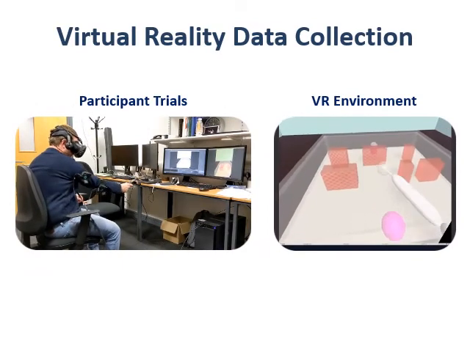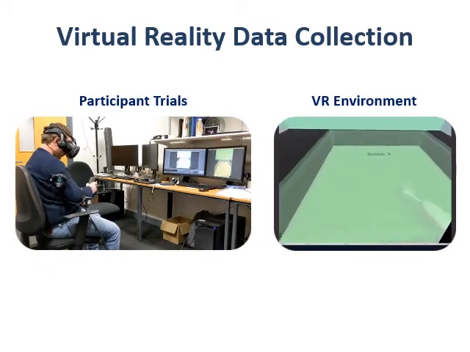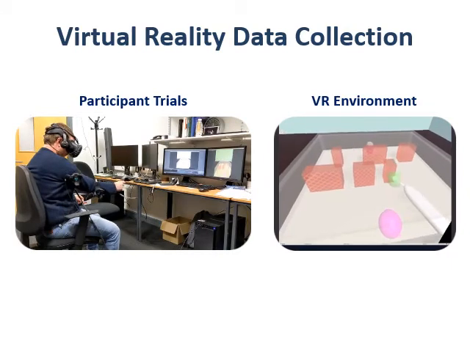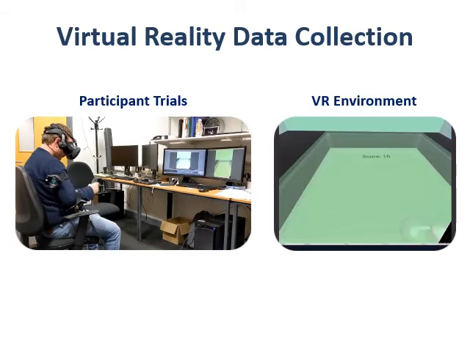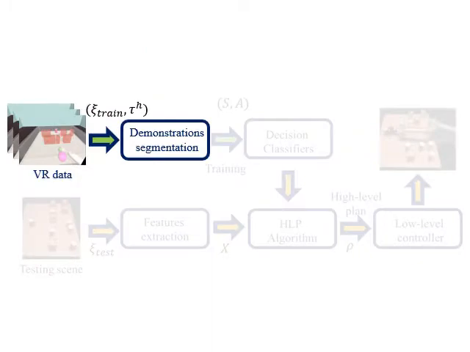In virtual reality, we ask human participants to pick a target at the back of a cluttered environment. Collecting this data, we have pairs of training scenes and human trajectories.